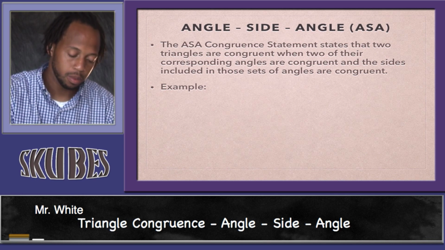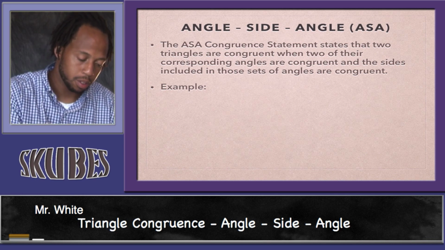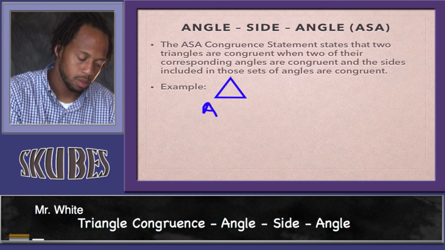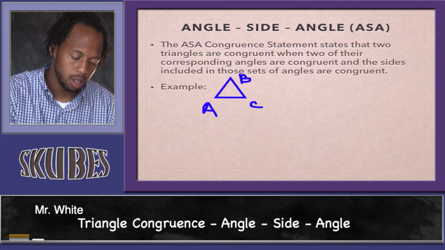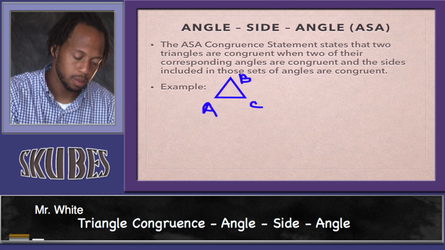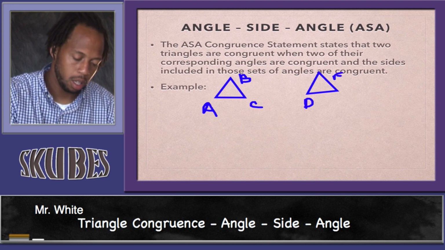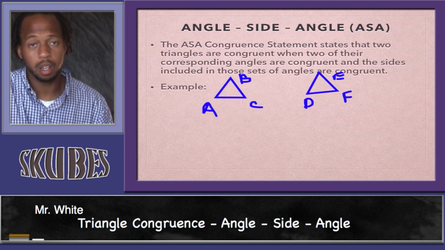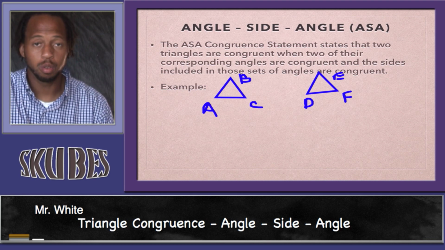So, for example, if I have triangle ABC and triangle DEF, and I want to prove that these 2 triangles are congruent using the angle side angle congruent statement.